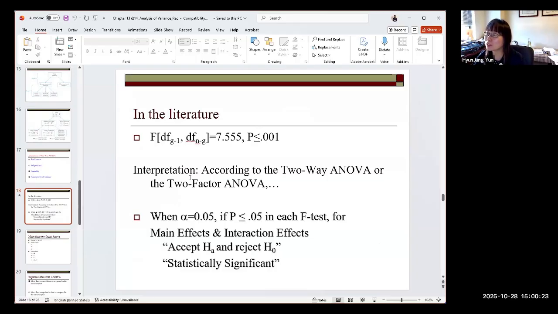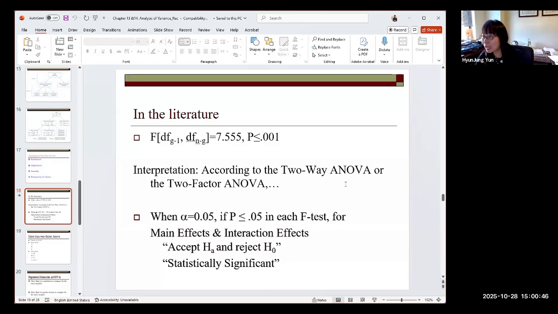Report first the degrees of freedom for the group comparison, then the degrees of freedom for the denominator, and then the alpha value. Make sure the alpha value is located in the critical region, less than 0.05 or 0.01. That means it is statistically significant.